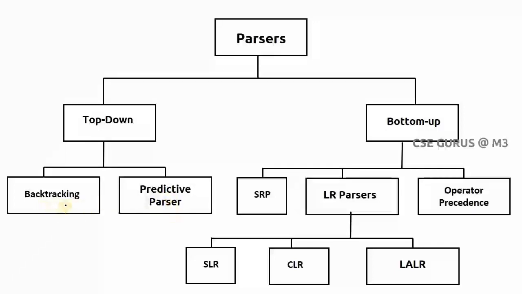With backtracking, this recursiveness you can do with backtracking. Here backtracking is not required. That's why we may call it a recursive descent parser with no backtracking. So again you also call it a predictive parser or LL(1) grammar. Now we will see one by one what is backtracking and what is predictive parser.